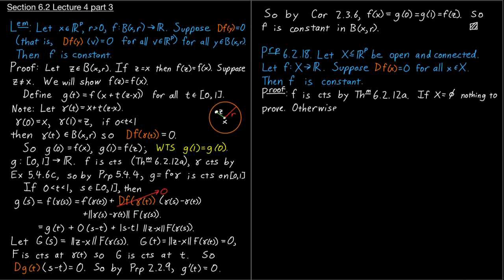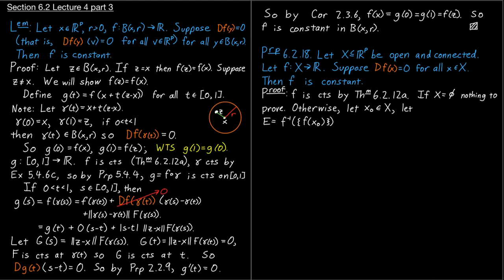Otherwise, let's let x naught be a point in X, and we're going to let E be f inverse of f of x naught.